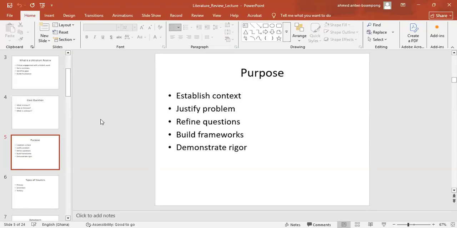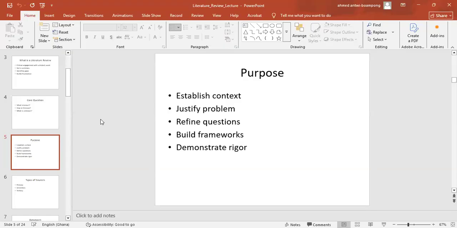You will not only be guessing, but you will be grounding your research questions on the absence or the paucity of literature within that area, such that your findings would be contributing to addressing that gap. Is that okay? So you will not be guessing. You'll be building on existing knowledge to help shape your research questions.